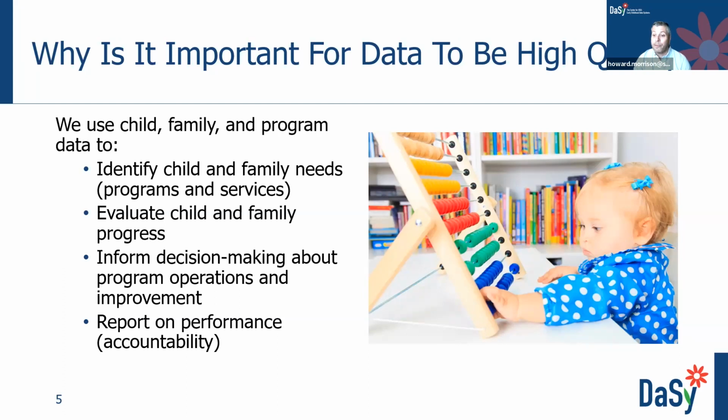Lastly, programs must report on their performance, which informs their State Performance Plan, otherwise known as the SPP, and Annual Performance Report, or APR. Ensuring this data is high quality allows state and federal leaders to analyze, evaluate, and provide the technical assistance supports necessary.